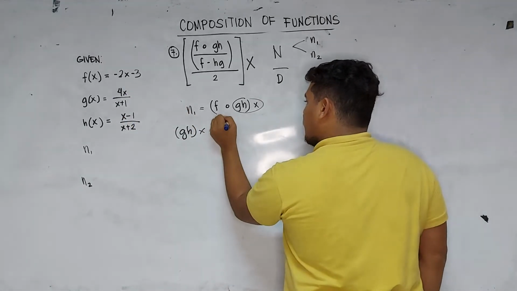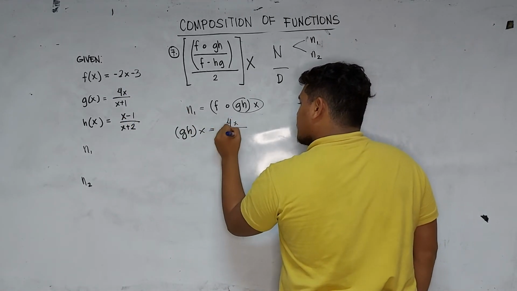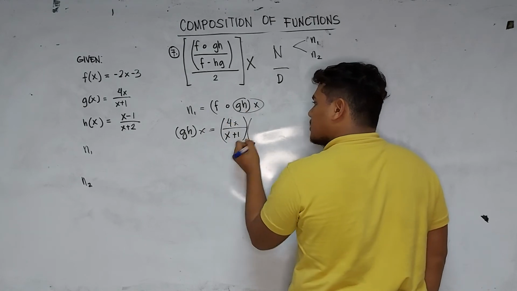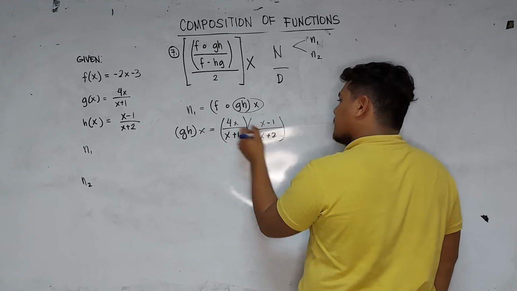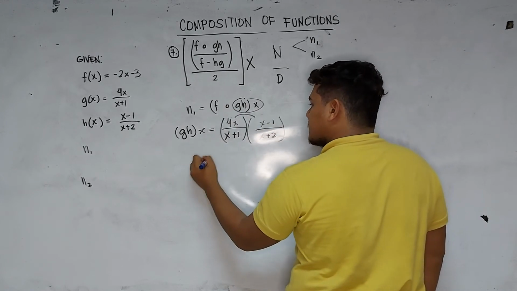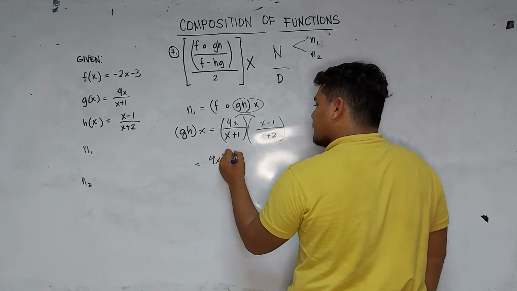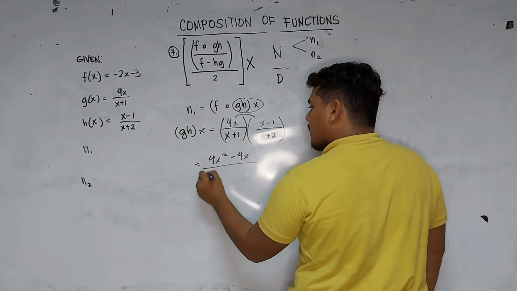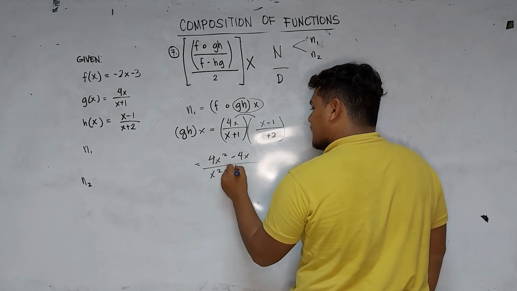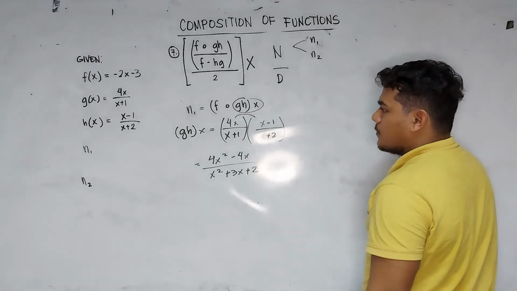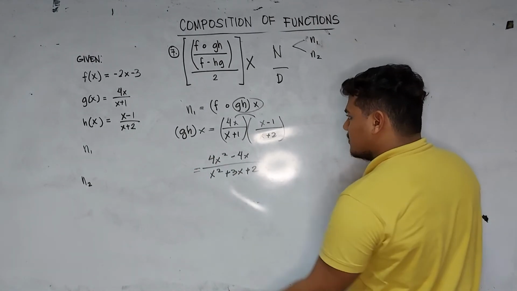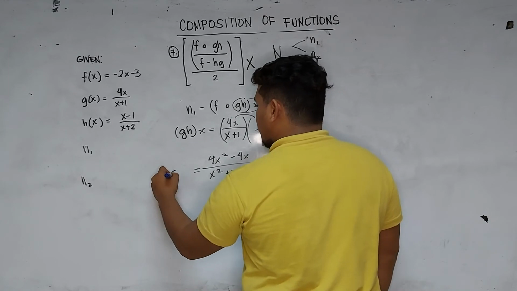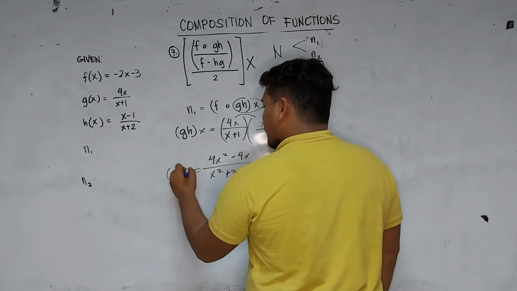G is 4x over x plus 1 times h, which is x minus 1 over x plus 2. 4x times x, that is 4x squared minus 4x over x squared plus 3x plus 2. Is that right? Yes, that is now your gh of x.